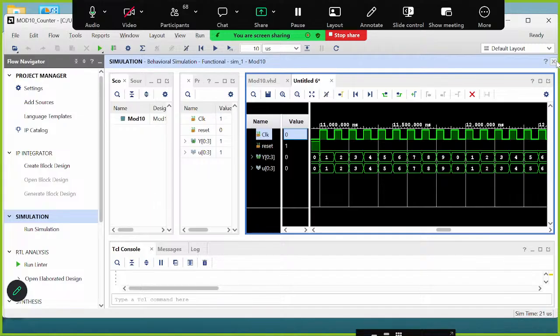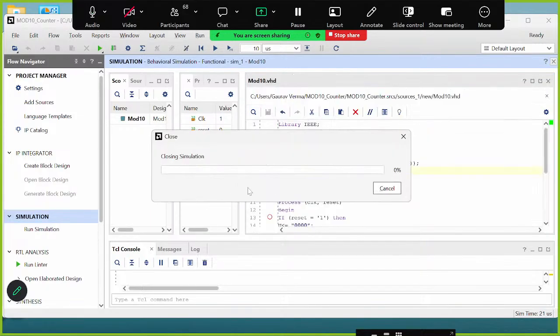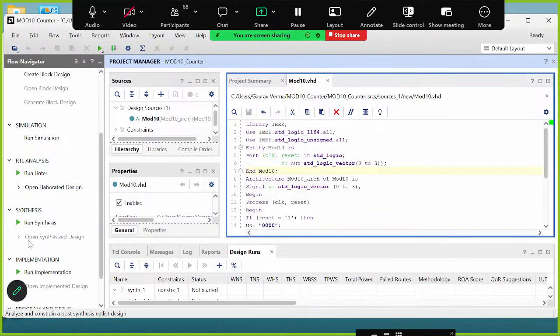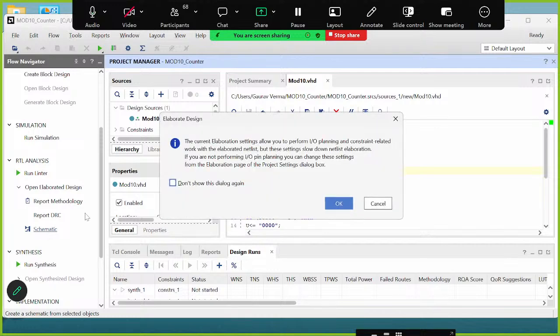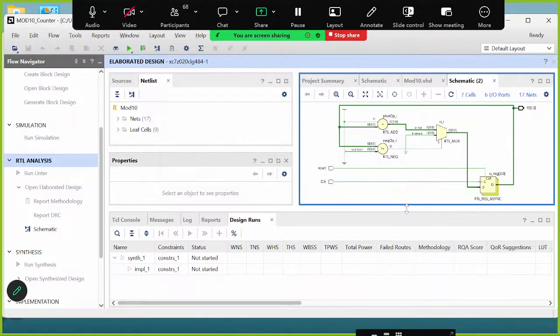Can we check the schematic also for this in 1 minute? And till then, if anybody has any doubt, please let me know so that we can entertain your queries and I will try to give the answer. So this is the internal architecture.